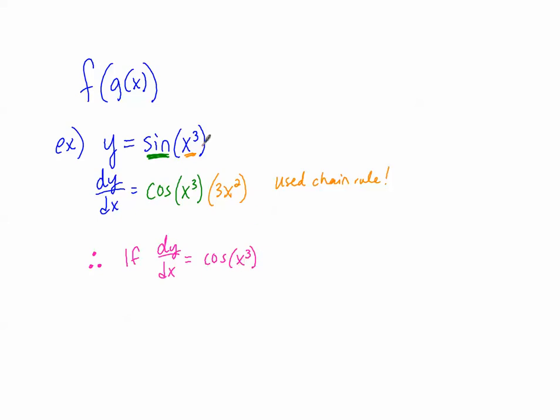Well, to end up back where I started, I have to have this 3x squared in there, because that's where this started: sine of x cubed gave me cosine of x cubed times the derivative of the inside. So if dy dx is this, then I can go backwards, integrating both sides. This becomes y equals the antiderivative of cosine of x cubed times 3x squared with respect to x.